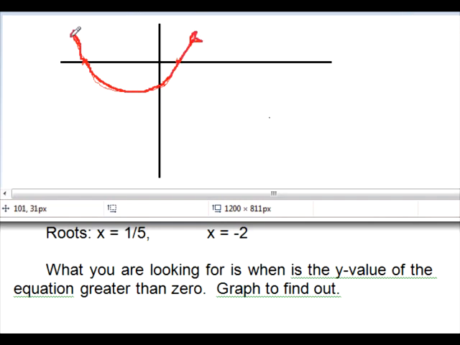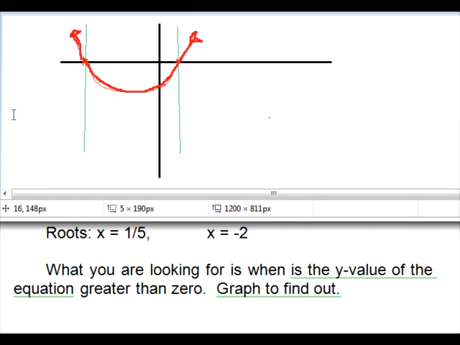Now what we need to say is, when is this graph positive? I'm going to think of this like the asymptotes when we did the reciprocal graphs. There are going to be 3 sections of this graph.